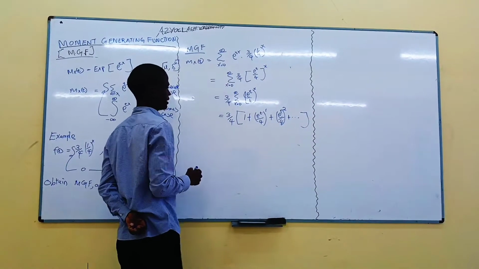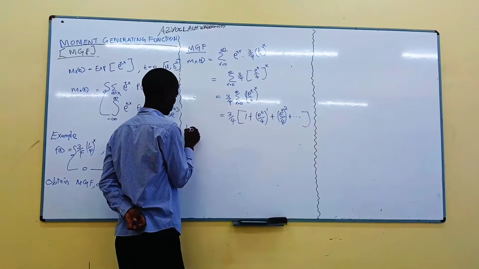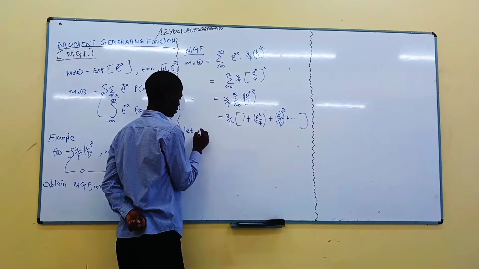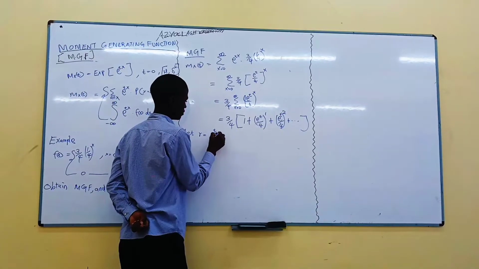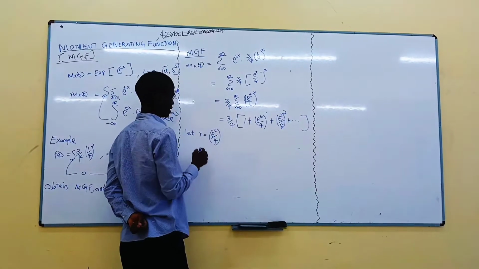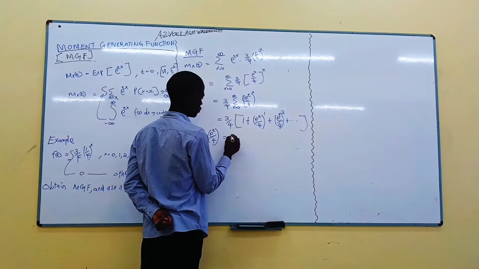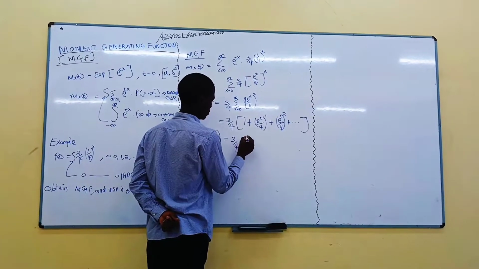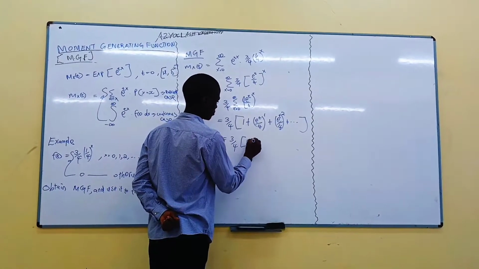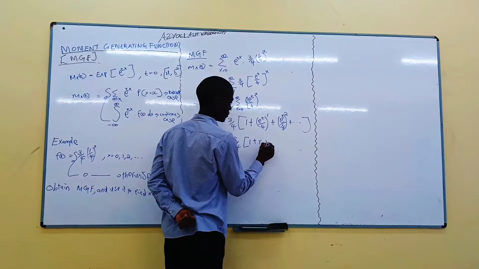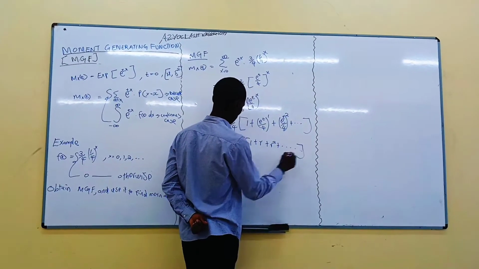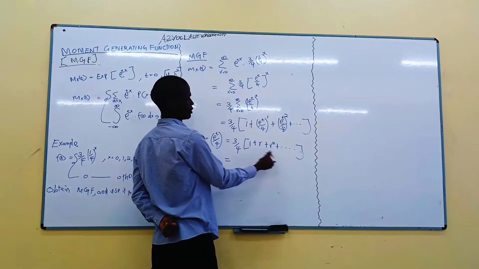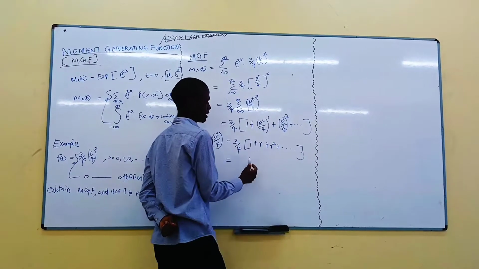After writing that, we can let r be e^t/4. Meaning it is going to be 3/4 times (1 plus r plus r squared, as the process continues). As you can see, the function inside the bracket is a geometric series.